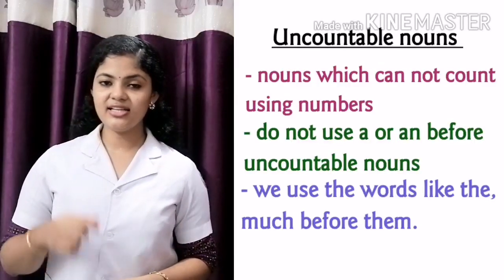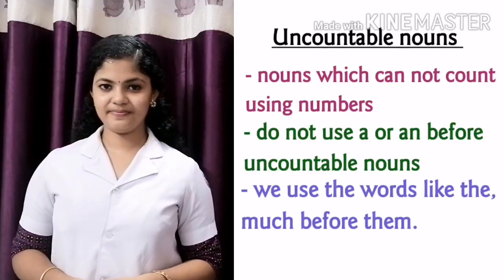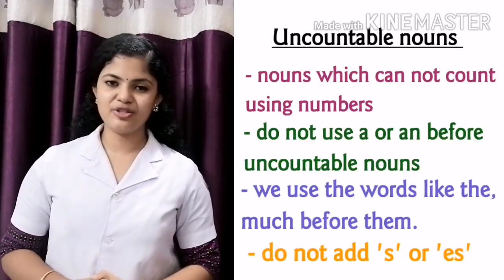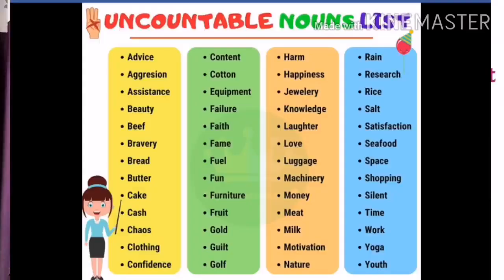We use the article the and the word much with uncountable nouns. We do not add s or es to uncountable nouns. So that's all about uncountable nouns. There are some examples for uncountable nouns: advice, aggression, assistance, beauty, beef, bravery, bread, butter, etc. So all these nouns we cannot count in numbers. So these are known as uncountable nouns.